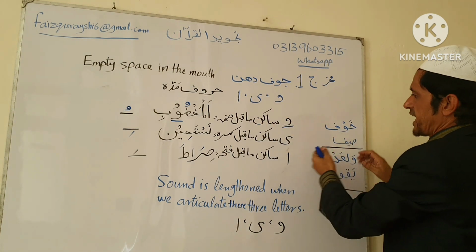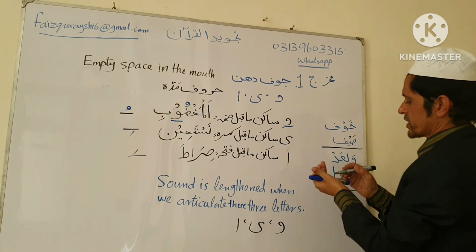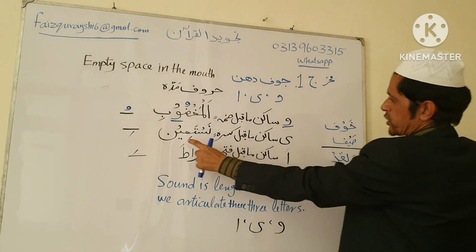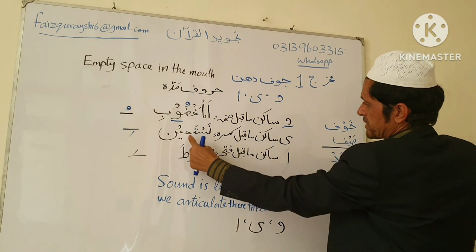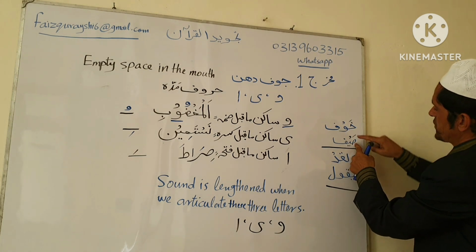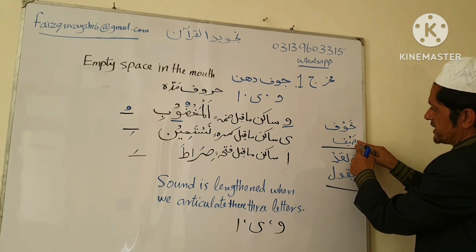And like that, now you see here is ya and here is also ya, but here is ya sakin ma qabal kasra and here is ya sakin ma qabal fatha, and this is called yailin.